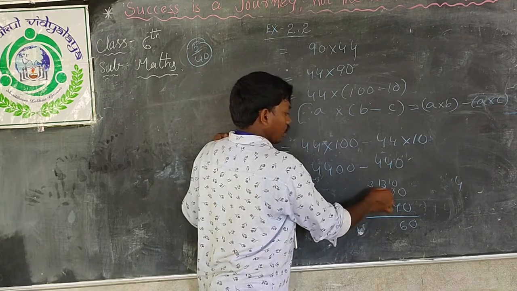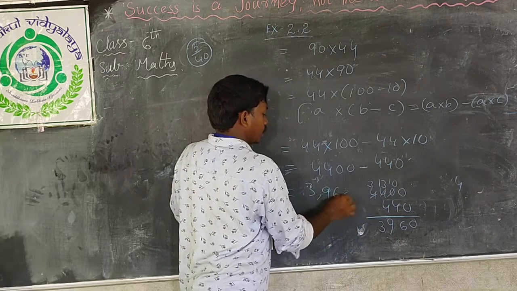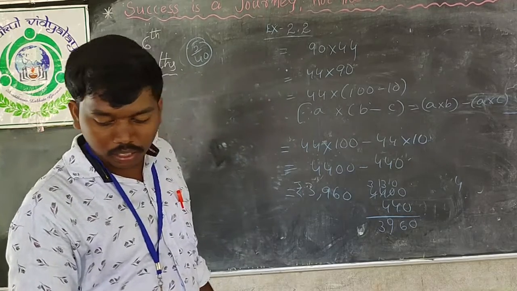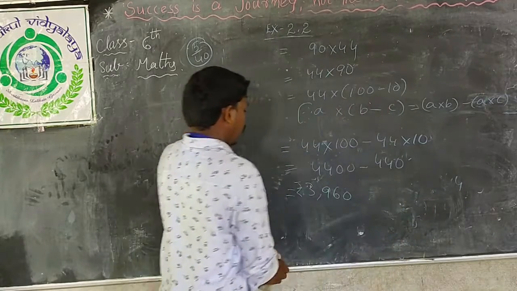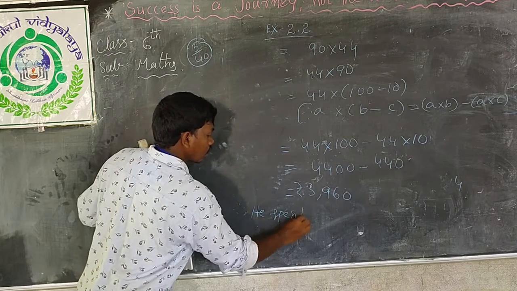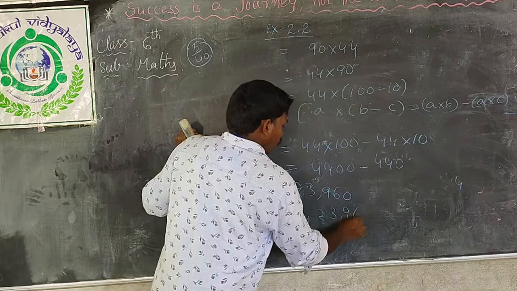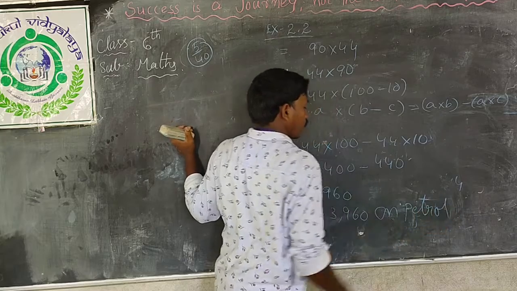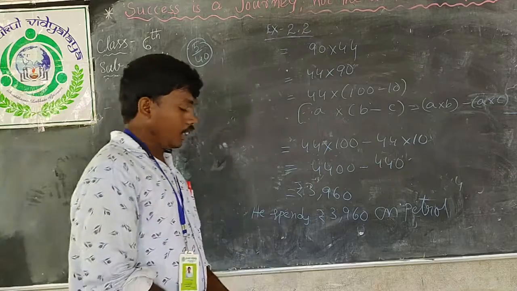Take borrow. 13 minus 4, 9. 3,960 rupees. See the children, for petrol, the taxi driver, okay, he spent, therefore, he spends rupees 3,960 on petrol. Okay, this is the word sum. Okay, completed now. Next.